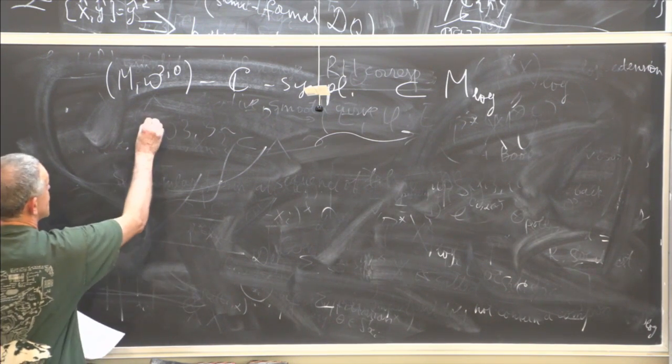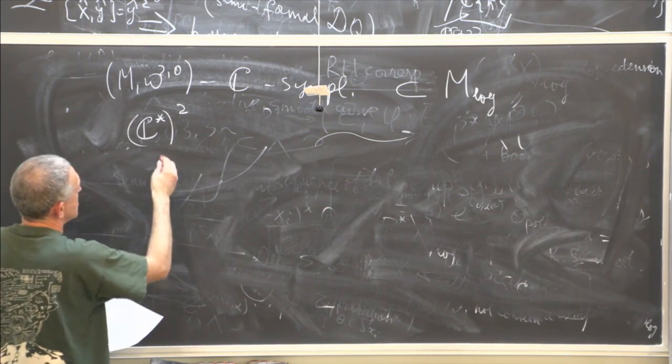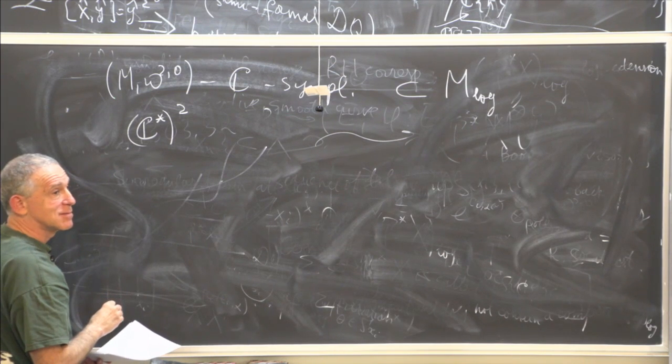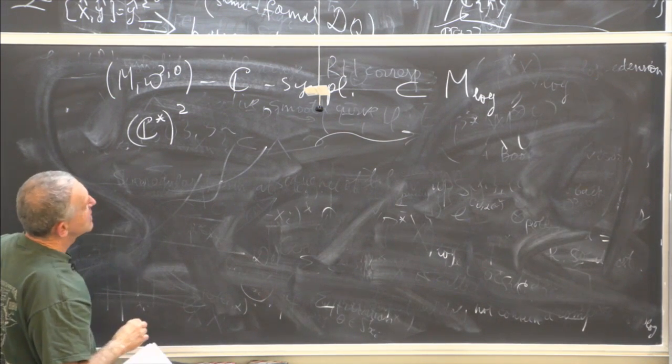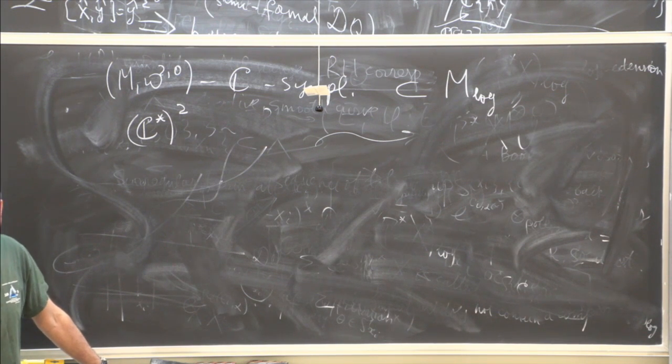So the example which I will use next will be C star squared. Would M be affine? A priori I do not require that M log exists, so it doesn't have to be, but in practice, yes, it is affine.